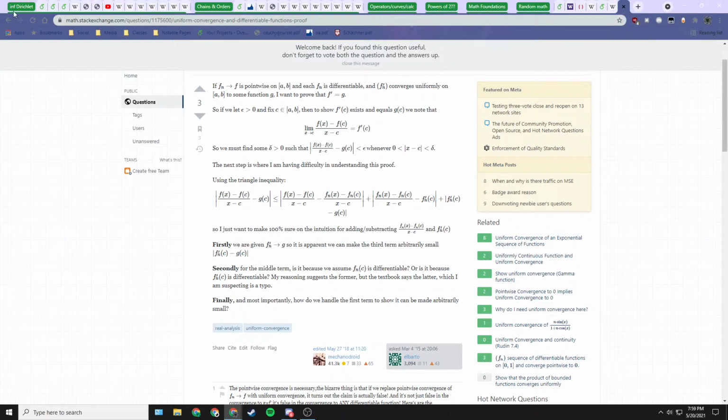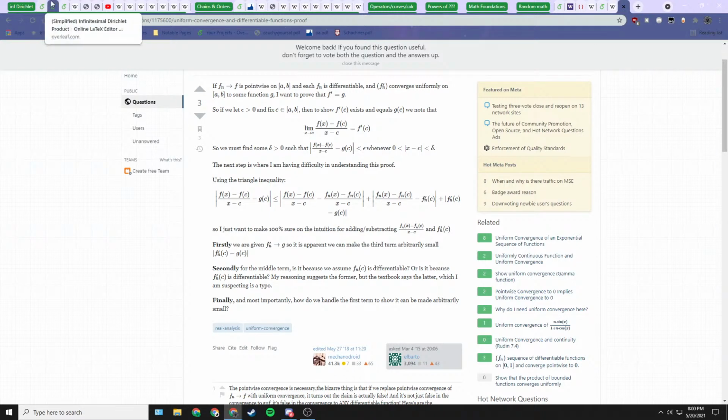Let's see, what does this proof do? Okay, I see. They're just saying the distance between the original term minus this thing, plus this exact thing minus that thing, plus this thing minus g of c.